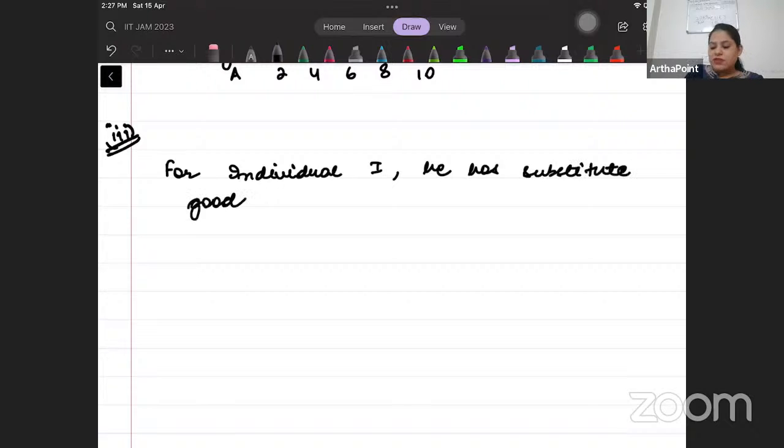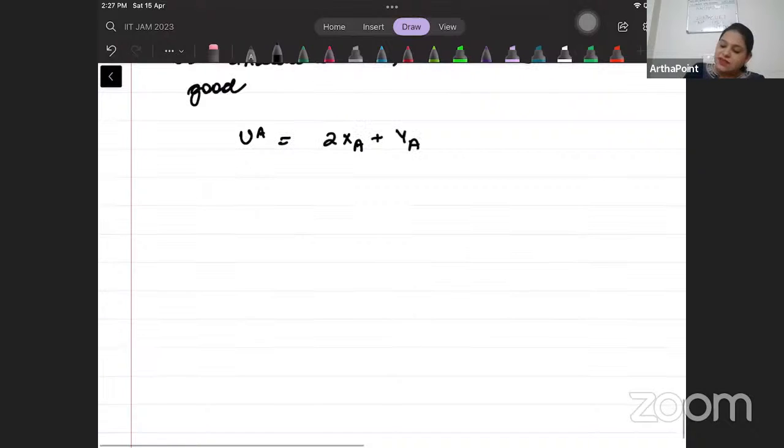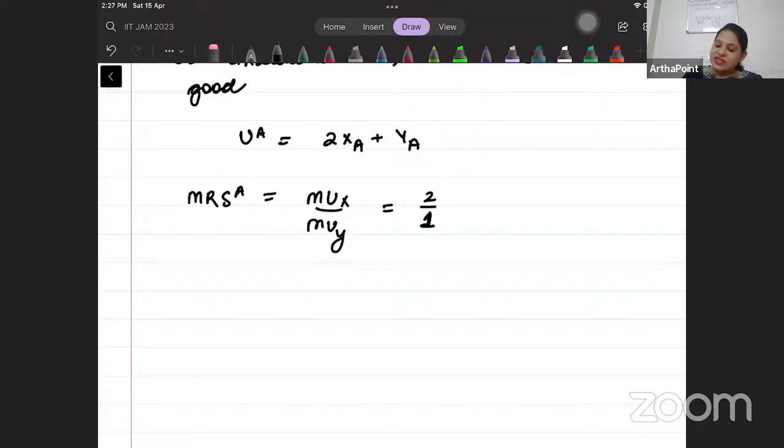So utility of individual A is 2xa plus ya. This is how the utility function can be written. Now, we have already found out that his MRS will be MUX by MUY, which will be 2 by 1.